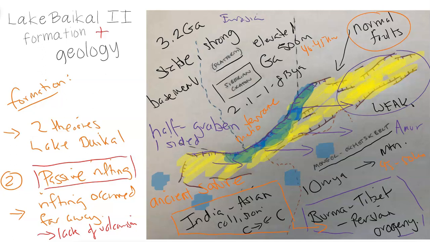However, it's not going to create a new ocean, as the Wilson cycle denotes in terms of the four stages. This would just be like Lake Baikal, formed when India collided with Eurasia, and it's going to be more consistent. It may increase in depth or width over time, but it's not like the East African Rift Valley, where the Somalian plate is actively moving away and creating a new ocean in the future.